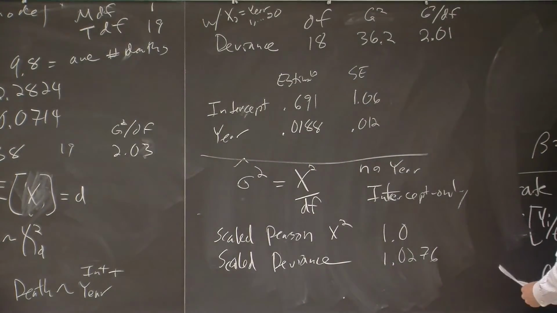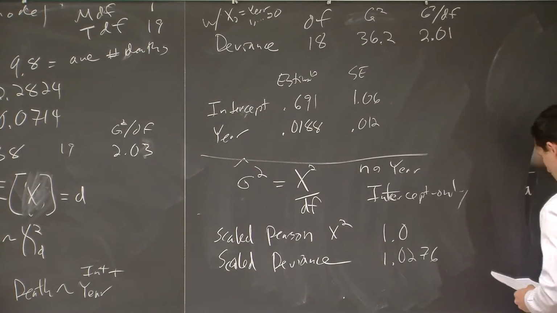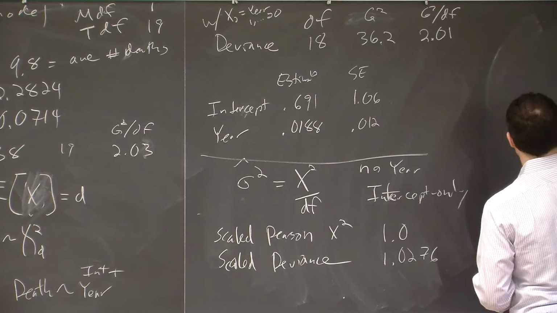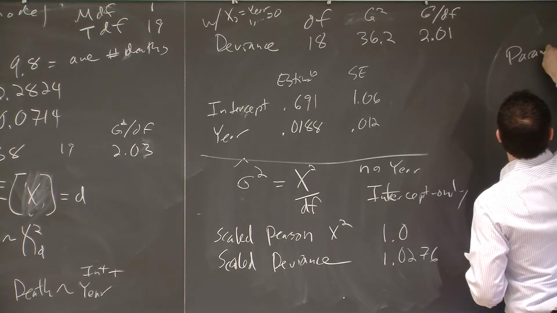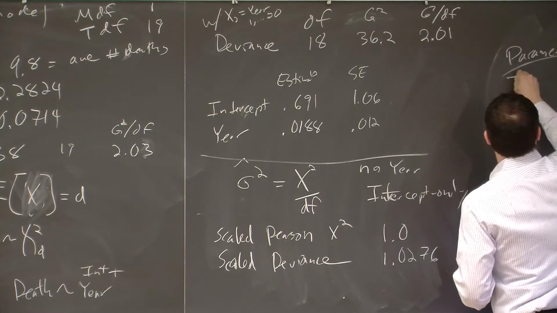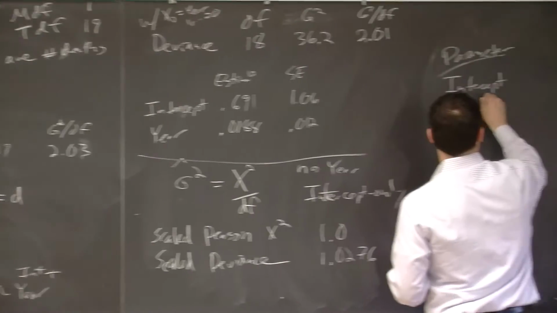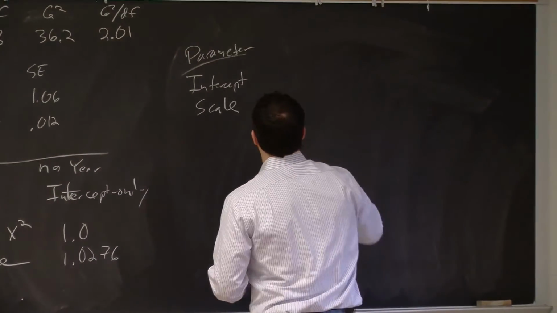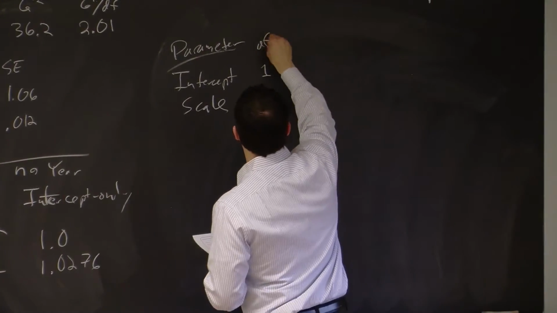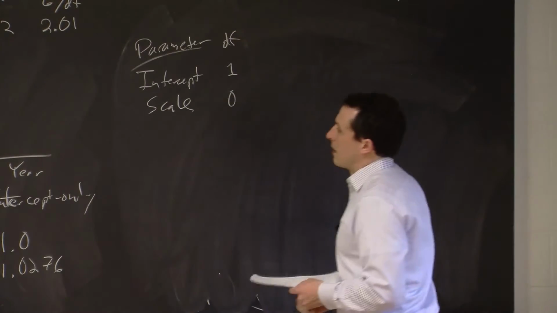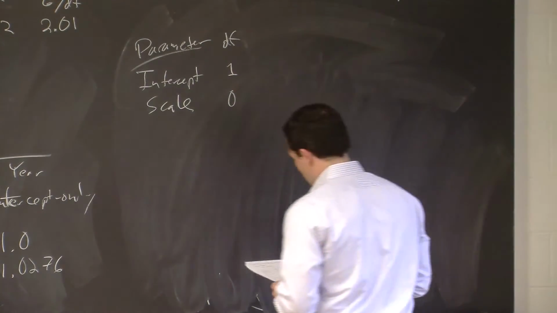And then if we look at our estimates of parameters, we have an intercept, and we have a scale. So our intercept has 1 degree of freedom. Our scale, we're not giving it any degrees of freedom. Probably some way of doing that, but I don't know how that works.